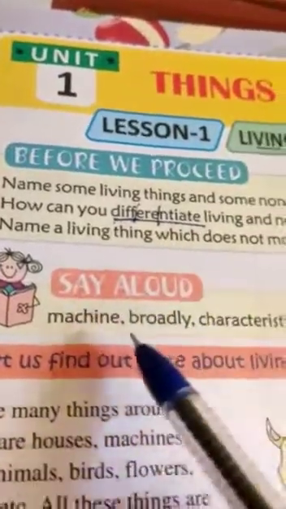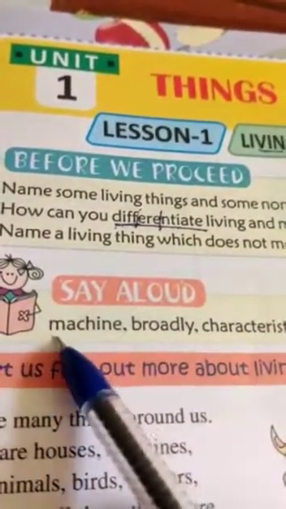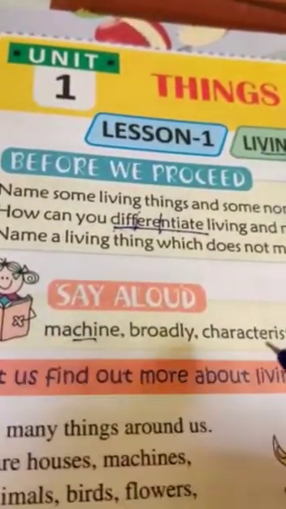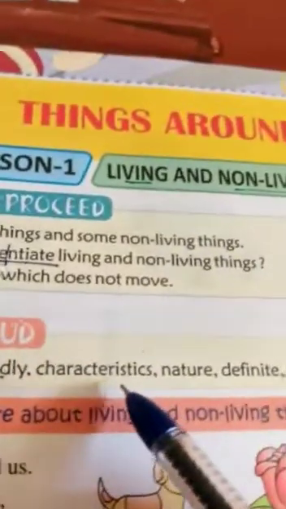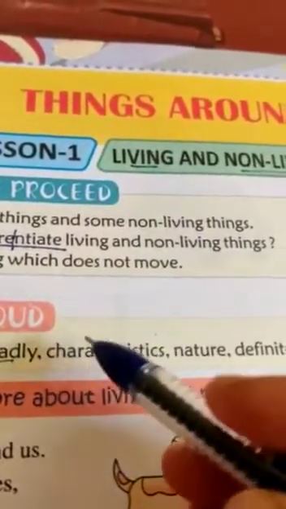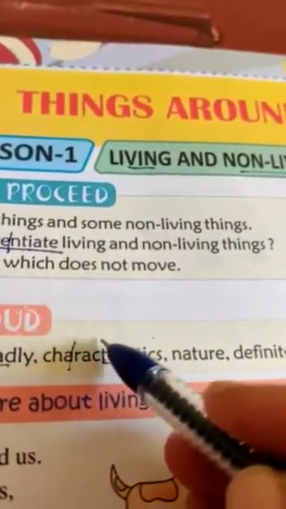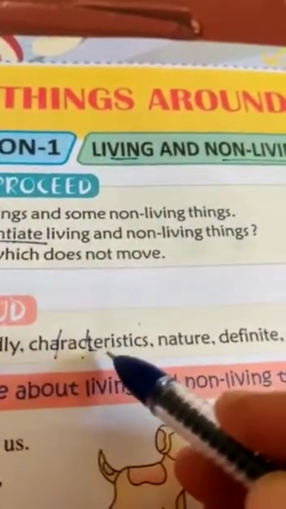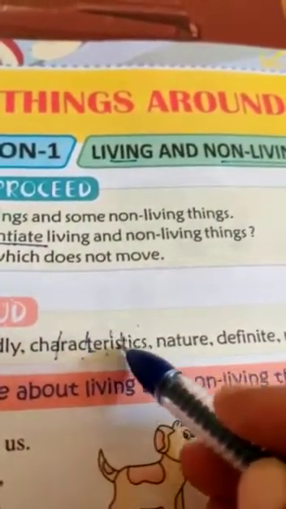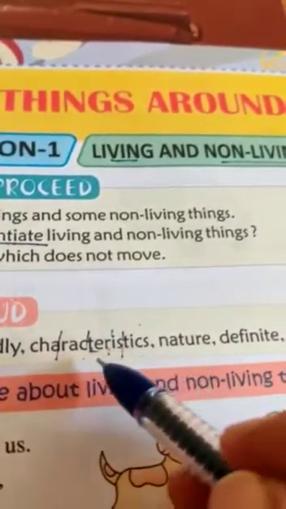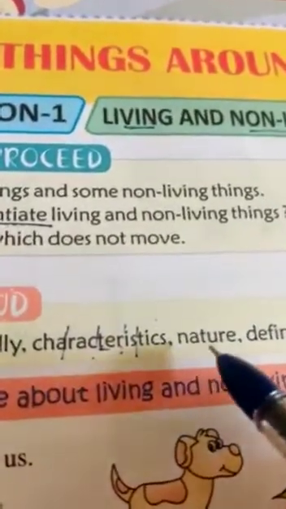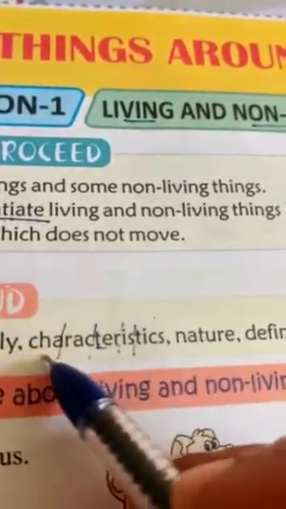Say aloud, machine, M-A-C-H-I-N-E, machine, broadly, characteristics, C-H-A, cha, R-A-C, rac, T-E-R, ter, I-S-T-I-C-S. That's how you break a big word and make it easier for you to study the spelling.